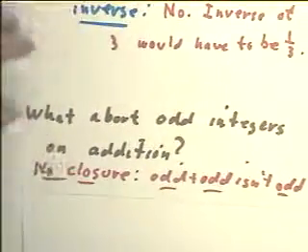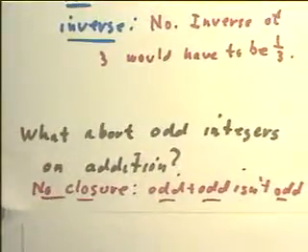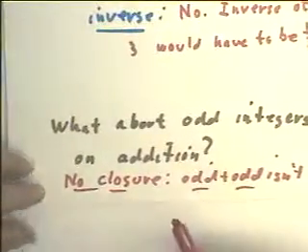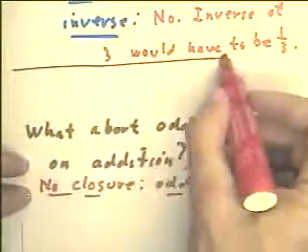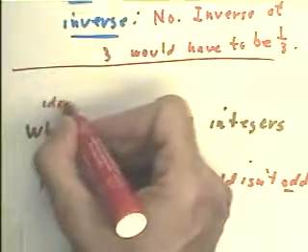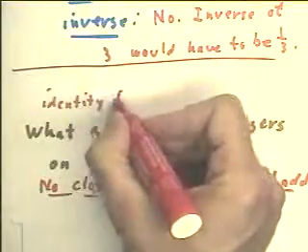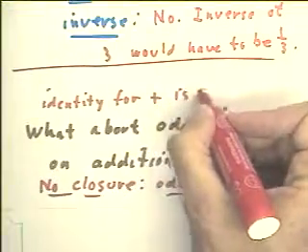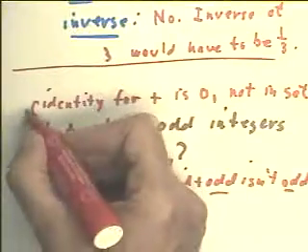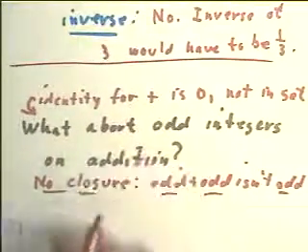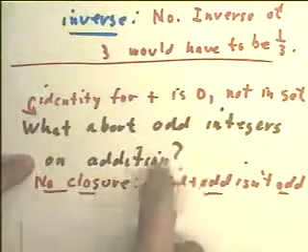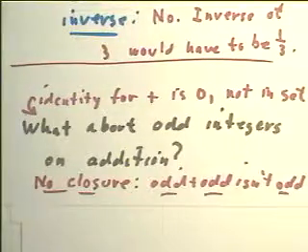Odd plus odd isn't odd, so you don't have the closure property. And another problem is you don't have the identity. And it's not in this set. So, for a couple of reasons, odd integers on addition fail to give us a group.